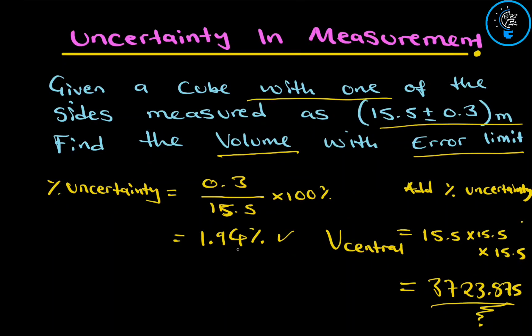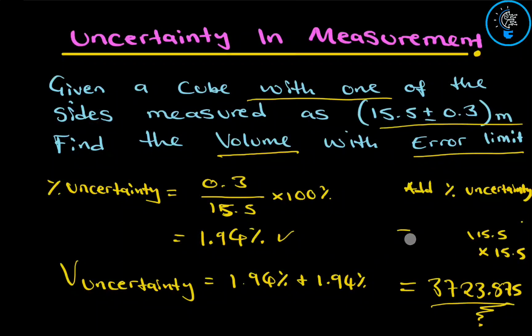So now what we need to do is add all the percentage uncertainties of the sides. In step 2, we need to add this 3 times. To find the volume uncertainty, we add the uncertainty of length plus the uncertainty of breadth plus the uncertainty of width.